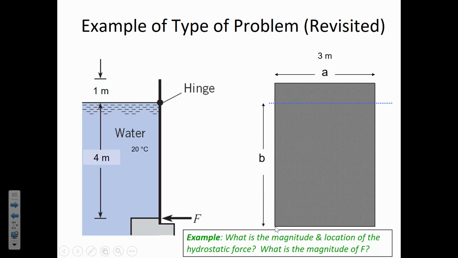So P bar is delta H times gamma. We can substitute in the information that we've got there. So it's 2 meters of depth, and for 20 degrees Celsius water, it's 9790 newtons per meter cubed. So the pressure at the centroid is 19,580 newtons per meter squared.